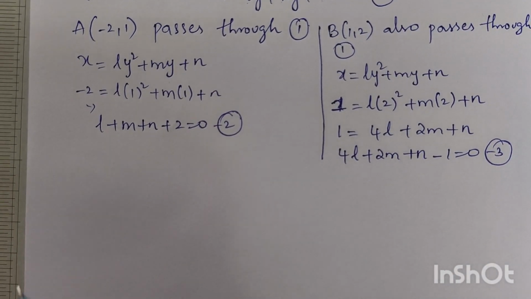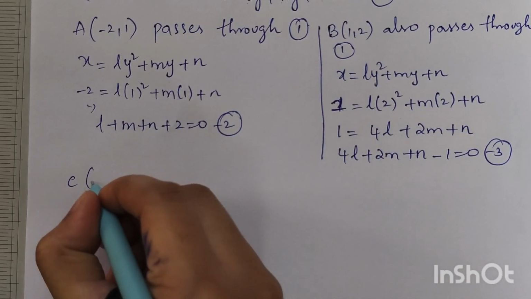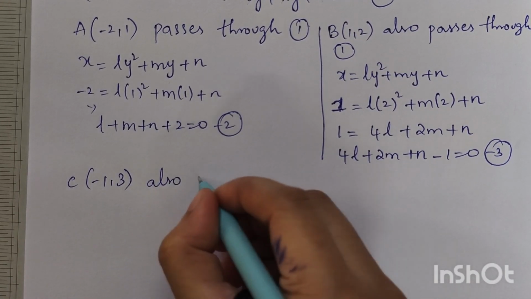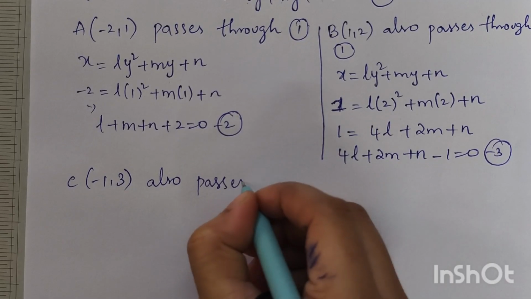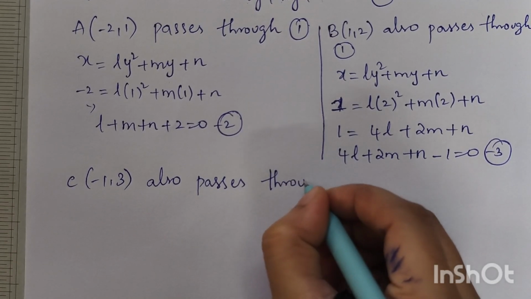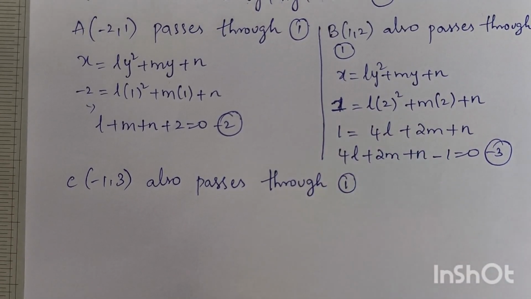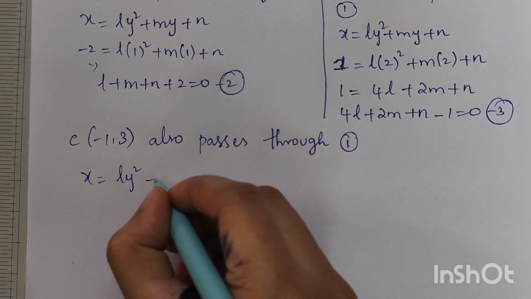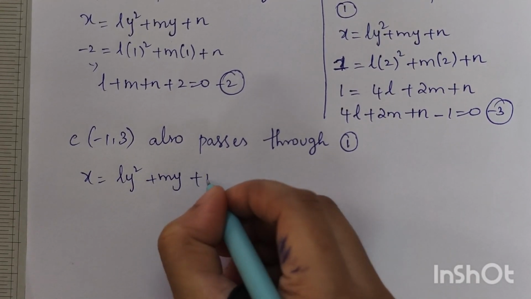Next, the point C(-1, 3) also passes through equation 1. So we will get x = ly square + my + n.